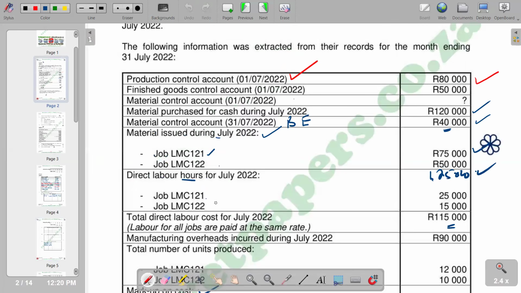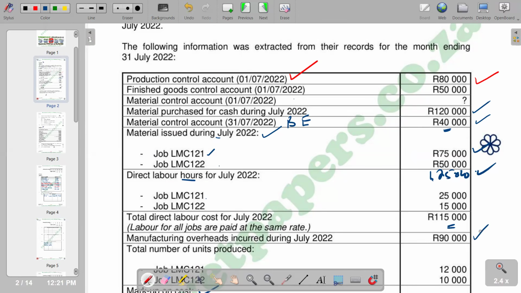After this, we've got the total labor cost we entered, and then we've got manufacturing overheads incurred during July 2022. We have them as 90,000. So they are supposed to be entered on the debit side of the manufacturing overheads control account as actual manufacturing overheads, which we are given as 90,000.